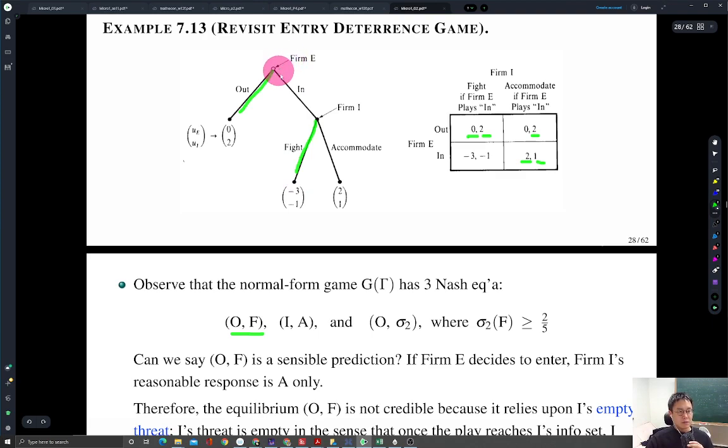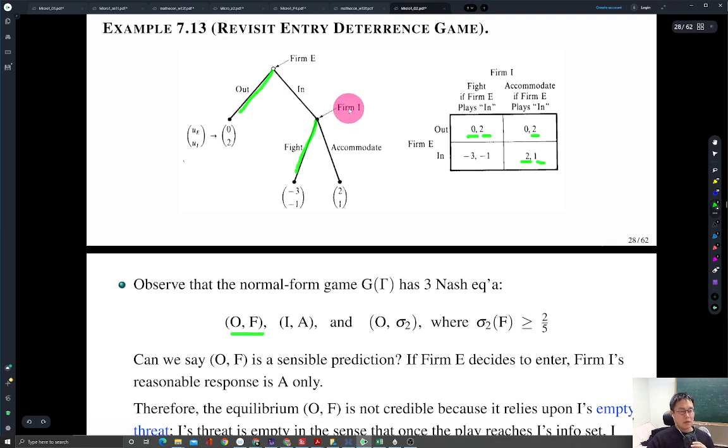So the entrant knows that if he enters, the incumbent responds by fighting. In such a case, the payoff is just a -3. But by staying out, he can promise himself a payoff of 0. So that is way better than this situation. So staying out is indeed the best response for the entrant.